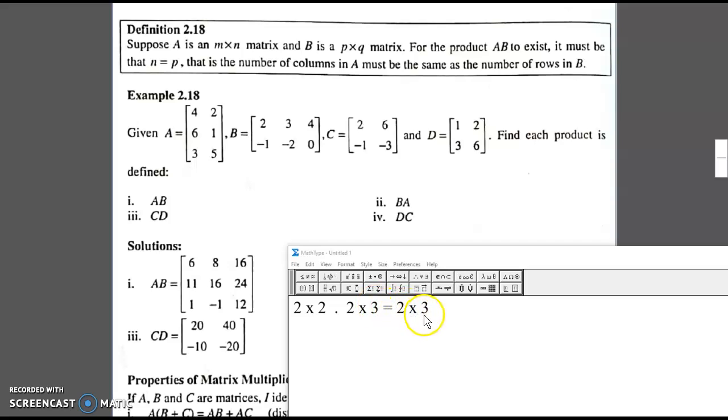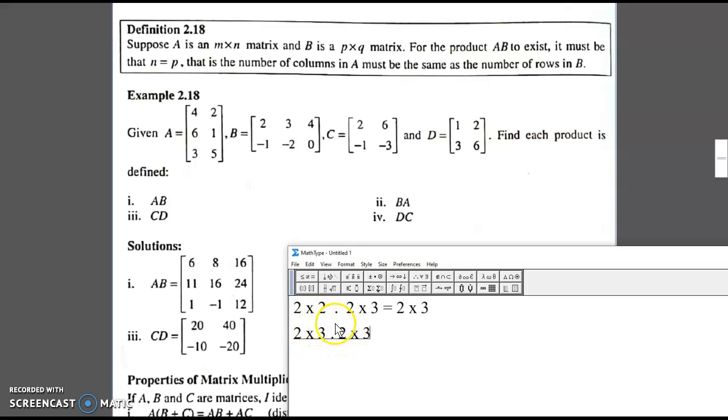3. Okay, if let's say 2 by 3 is multiplied with another 2 by 3, then this is an example of matrices that can't be multiplied, right? Because if you look at this value, they are not the same.